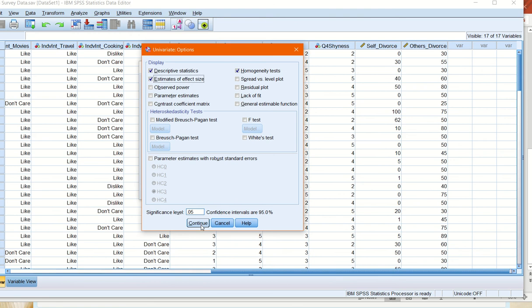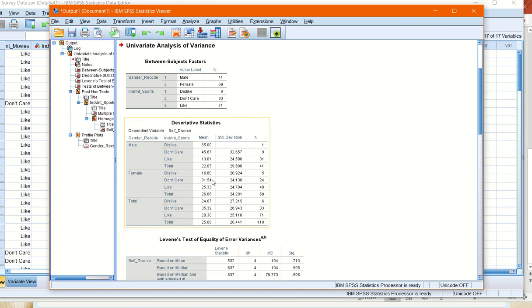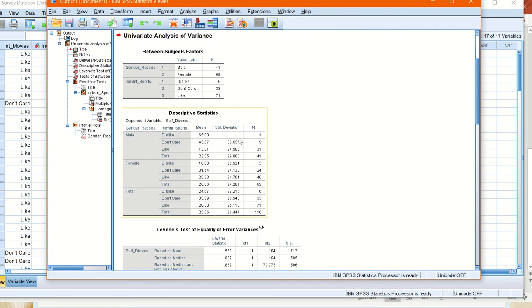So then click continue, and now select OK, and it runs pretty quickly, and you can see here the gender, 1 for male and then 2 for female, and the number of people in each category. And here we can see the descriptive statistics with the means and standard deviations.